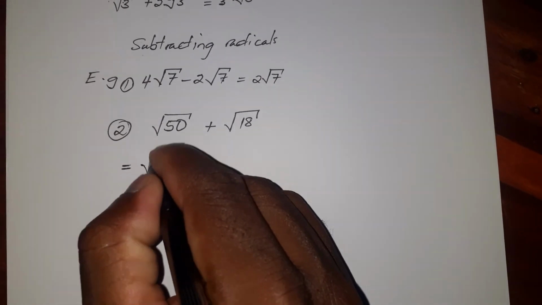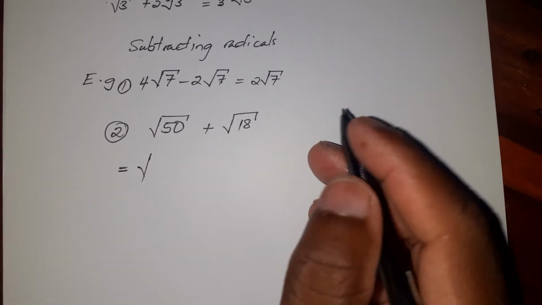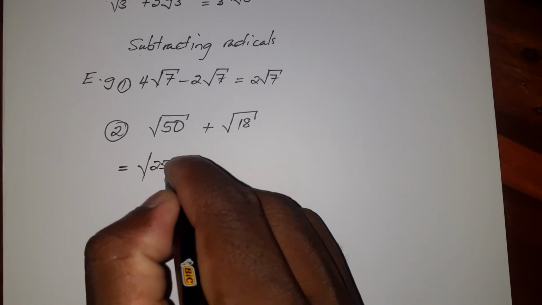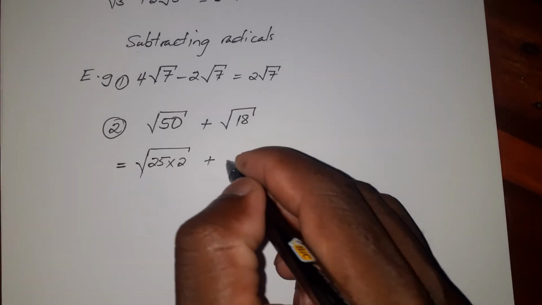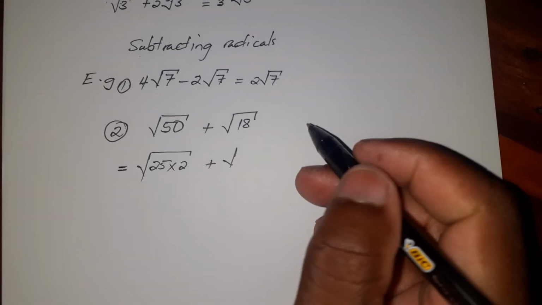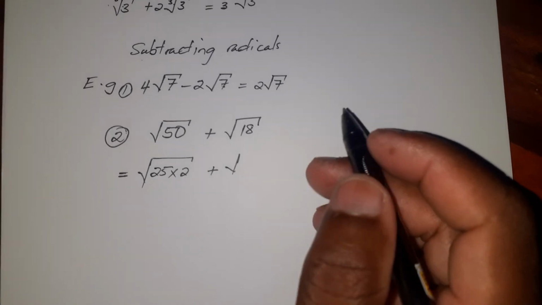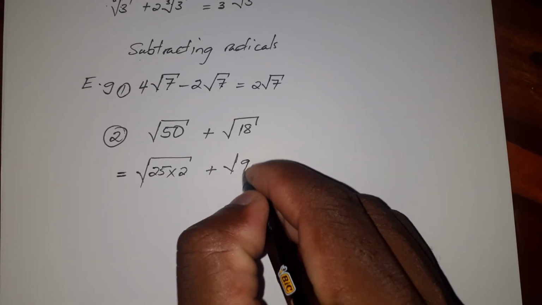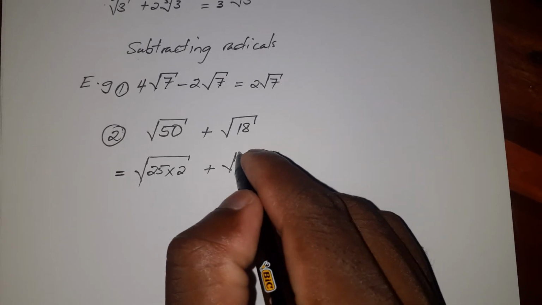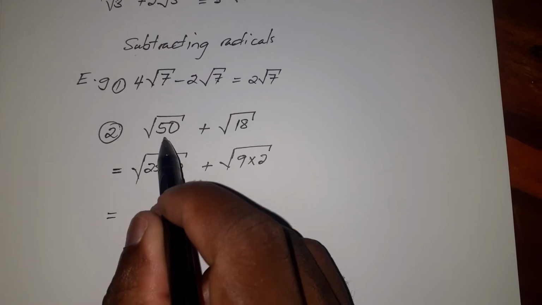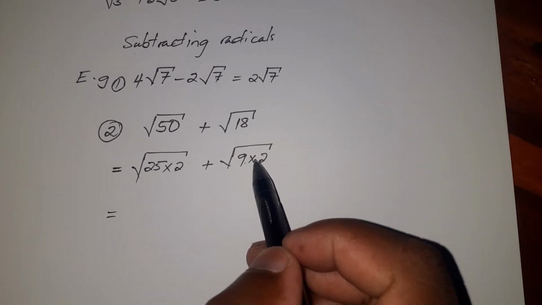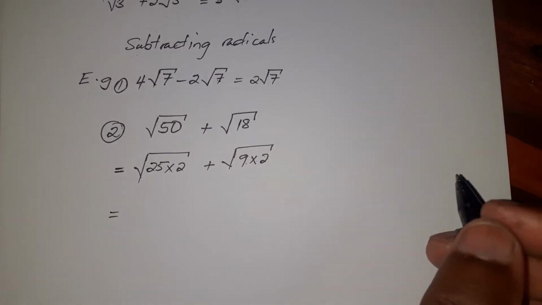Now we know that 50, we can write 50 as 25 times 2, while 18 we can write as 9 times 2. 25 times 2 you get 50. 9 times 2 you get 18.